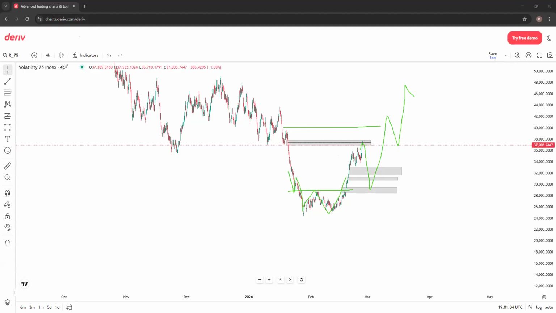So if we fail or we show signs that we failed to break this high straight away like now, and we see a break in market structure at this point, it means that it wants to sell, and most probably where that sale is going to end is at this point, which is where our main gap is.